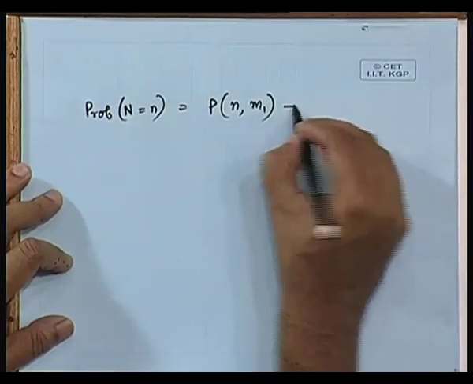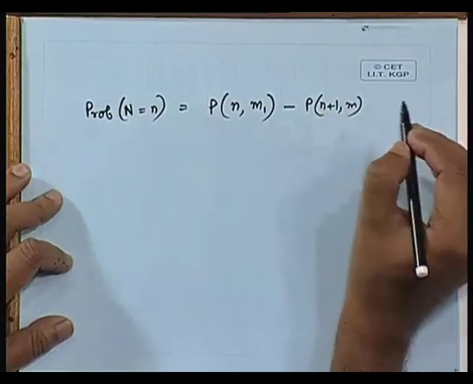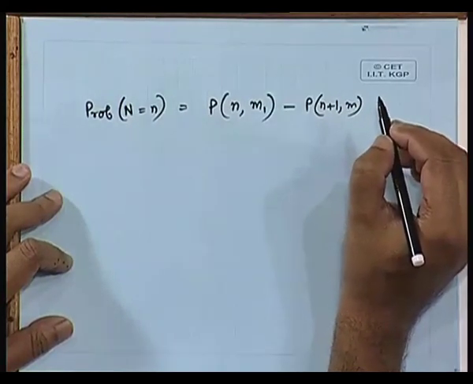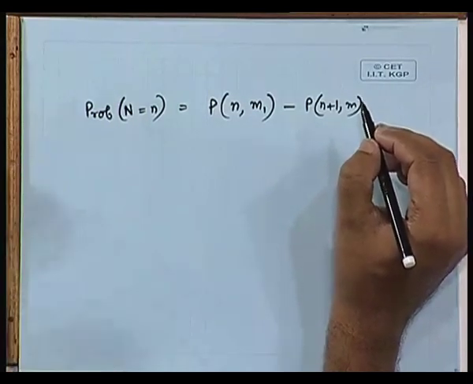Obviously P(n, m1) is going to be higher. Why? Because if you change from n to n plus 1, if you are increasing the patterns, then the separability probability is decreasing in n.